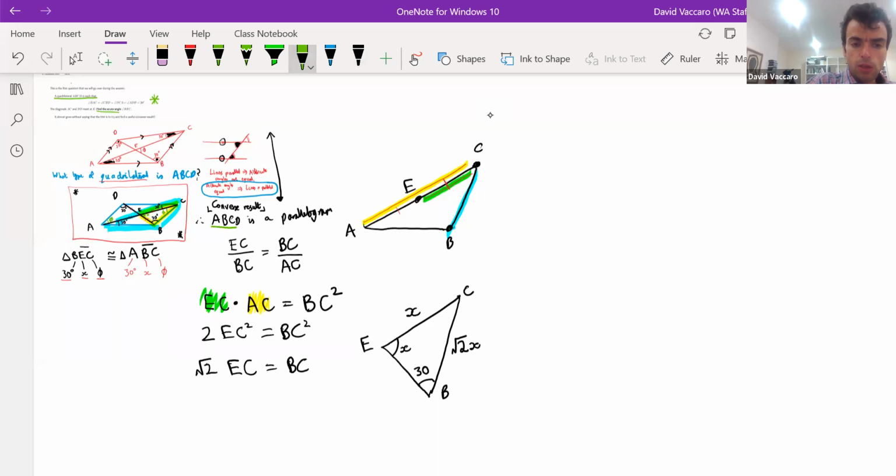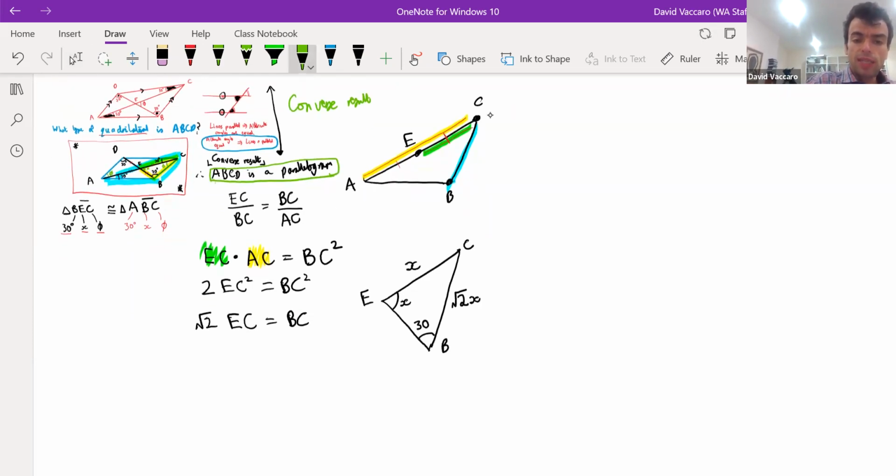Okay, so just to recap what we've done, we've started using a converse result. And we've shown that ABCD is a parallelogram. We've then identified similar triangles.